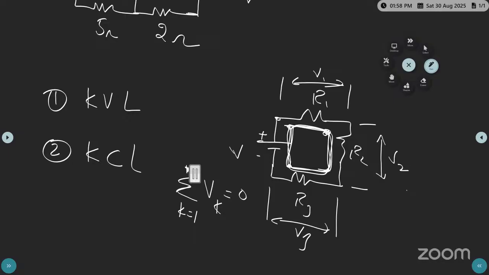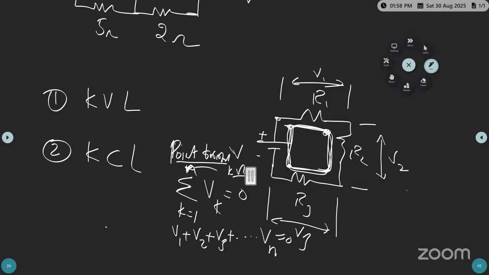Infinity means unknown, so you take n: sigma K equal to 1 to n, Vn is equal to 0. This is the Kirchhoff voltage law statement, and by considering an example circuit, the statement can be converted into a formula. It is the formula of KVL: sigma K equal to 1 to n, or you can take m or x, anything, V of K is equal to 0.